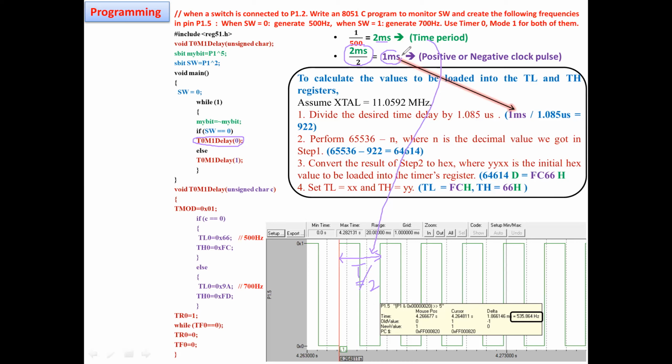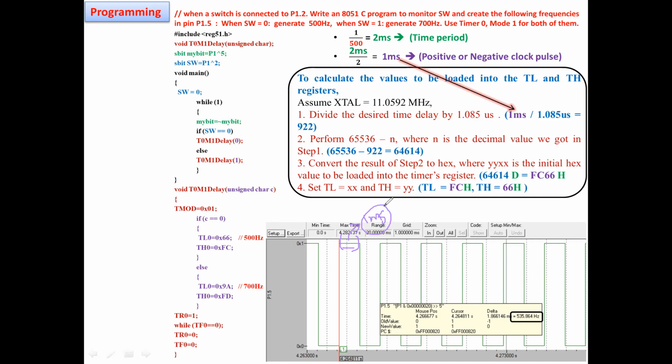What am I getting? 1 divided by 500 is 2 milliseconds, and dividing by 2 I get 1 millisecond. In the previous program also, we designed a program for this delay only, that is one positive half cycle. The timer will provide a certain delay time only. So for example, in this problem, for the positive half cycle, it is 1 millisecond.